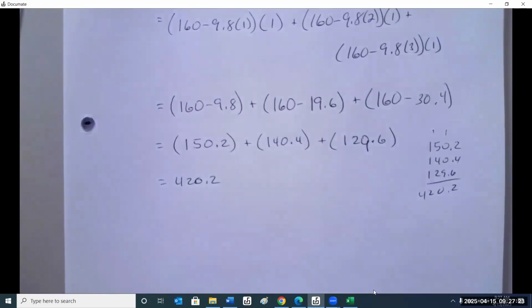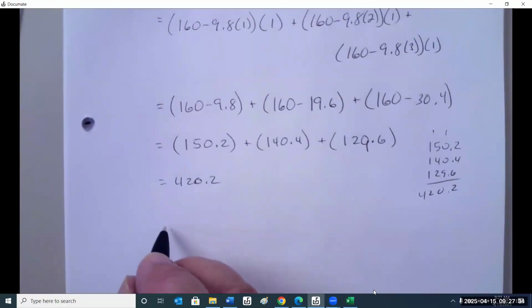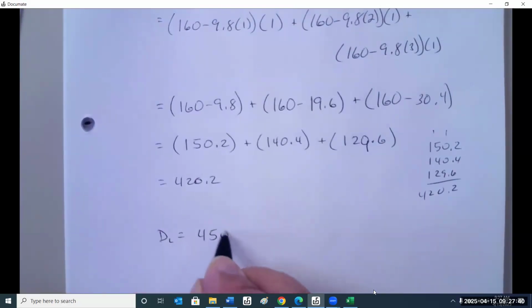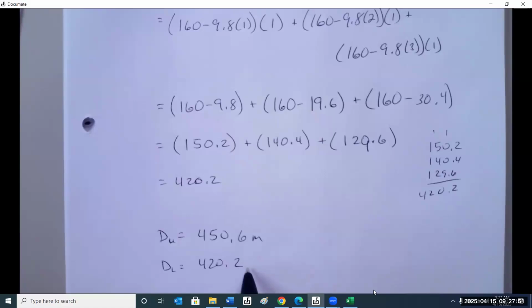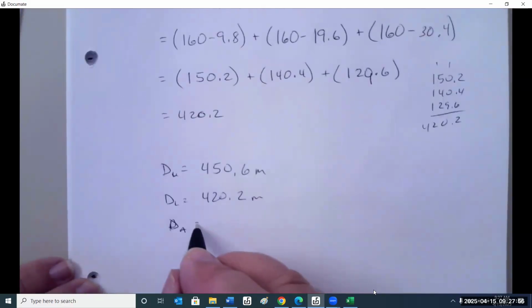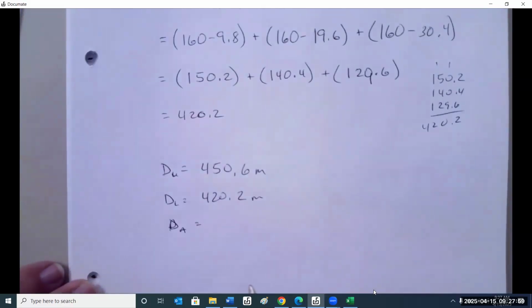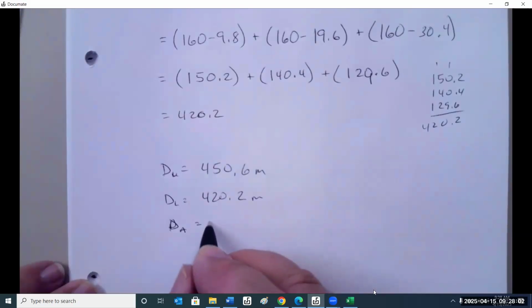So let's see. How close does the sum come to 435.9? Our lower bound was 420.2, and this is our upper, we have 450.6. How close does it get to 435.9?